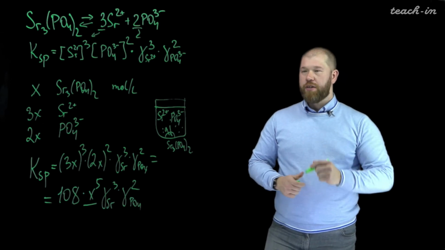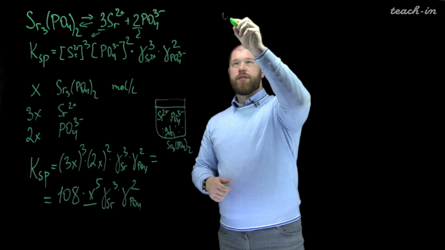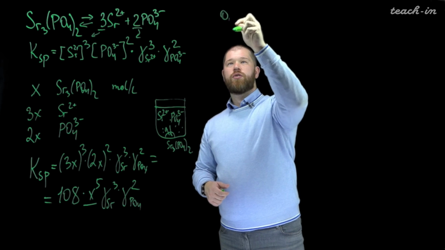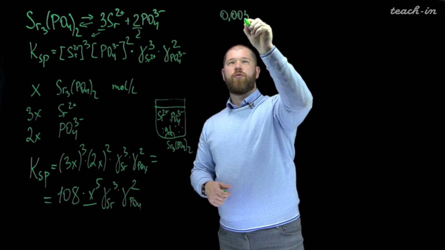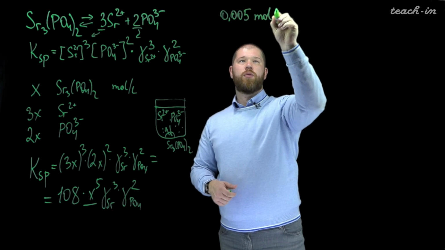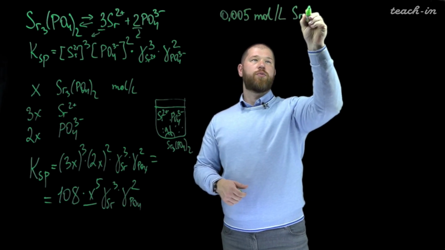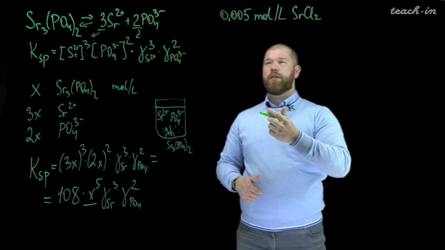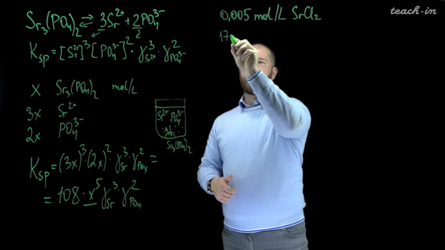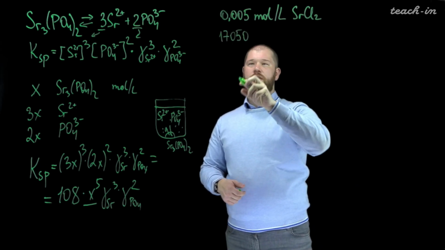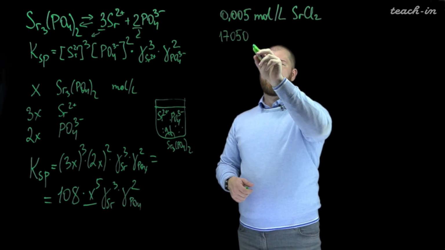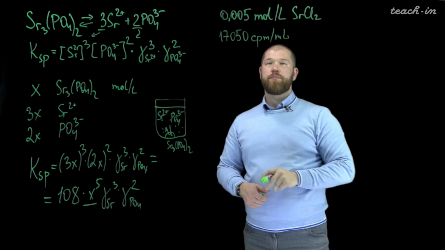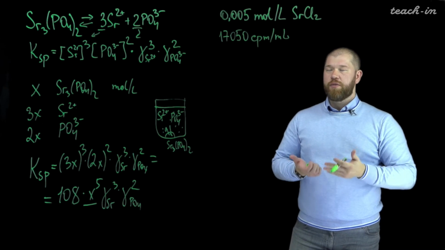We know that for this concentration of strontium chloride, 0.005 mole per liter, the activity of the solution that was diluted 50 times is 17,050 CPM per milliliter, and it is diluted 50 times.